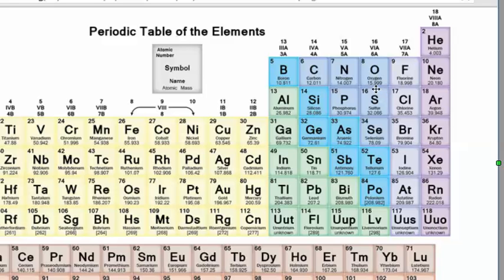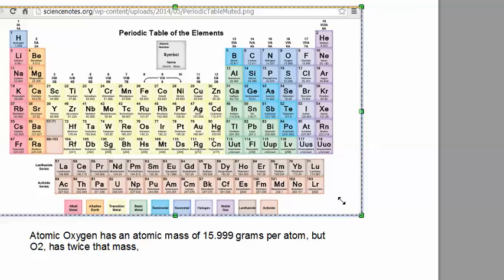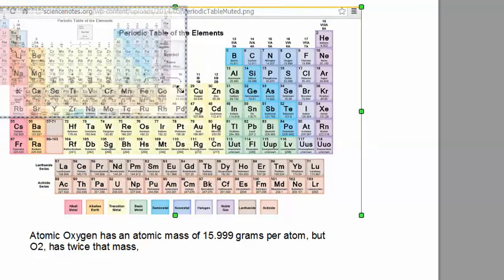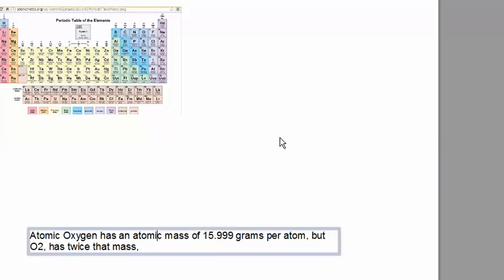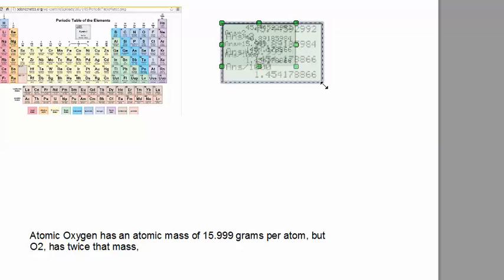So looking at oxygen on our periodic table of elements, we see that it has a molecular mass of 15.999 grams per mole. Oxygen has an atomic mass of 15.999 grams per mole, but O2 has twice that mass.